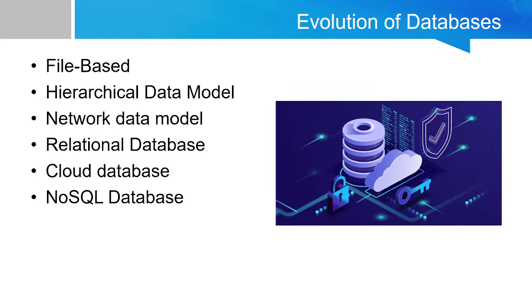Then, in order to solve that, we got a model called the network data model, which was developed by Charles Bachman at Honeywell, called the Integrated Data Store, IDS. It was developed around 1960, but it got standardized by the CODASYL group in 1971.